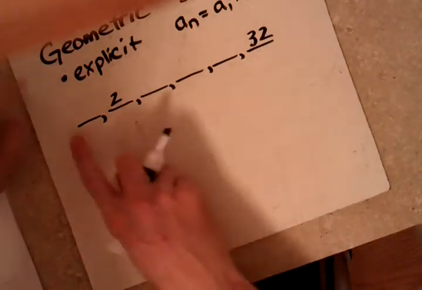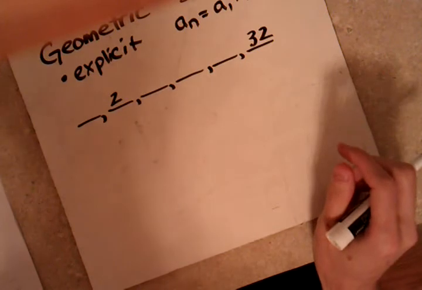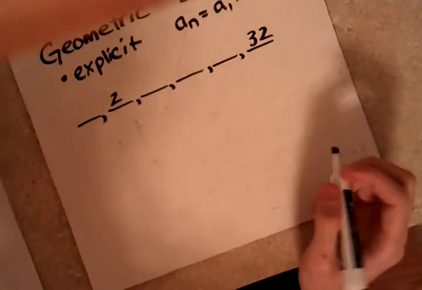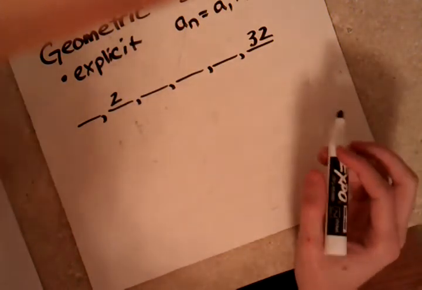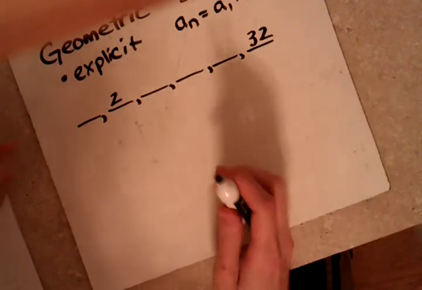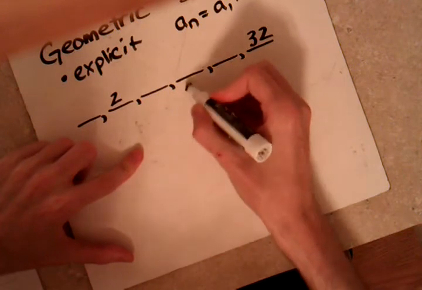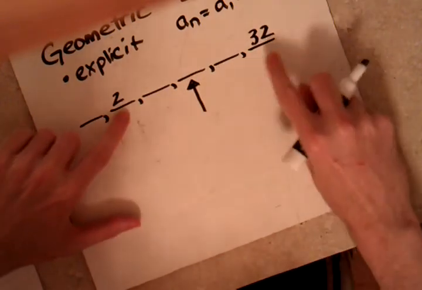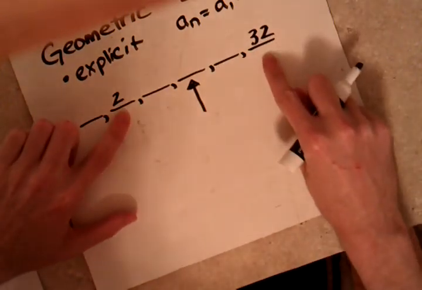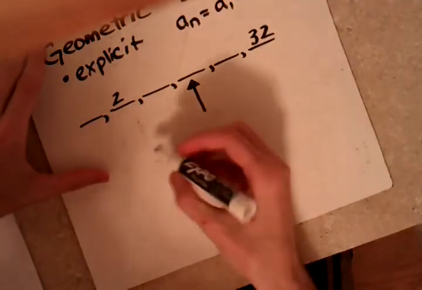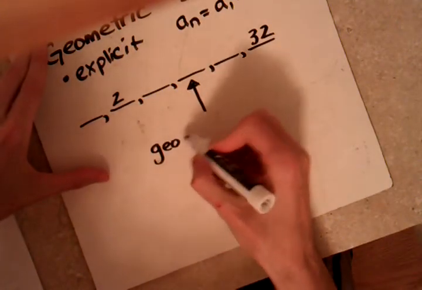And you want to figure out some of the other terms. Well, one of the easiest options there is kind of like what we did for arithmetic. We saw that we could find the number in the exact middle of the two that we know using the arithmetic mean. Well, for a geometric, we want to use the geometric mean.